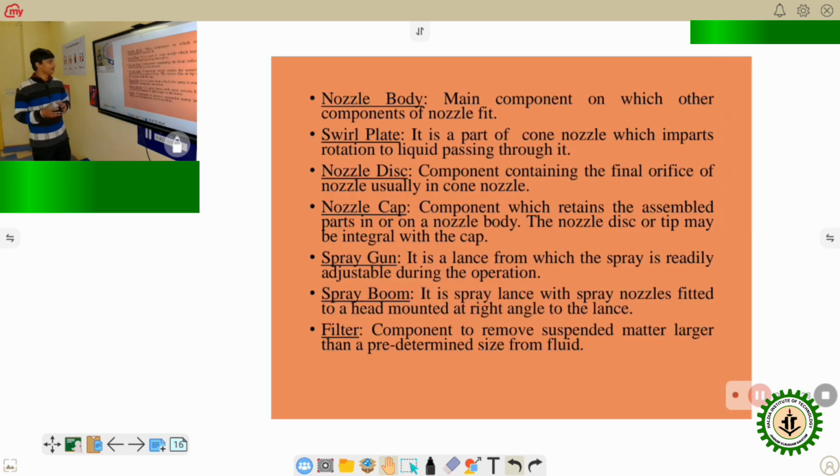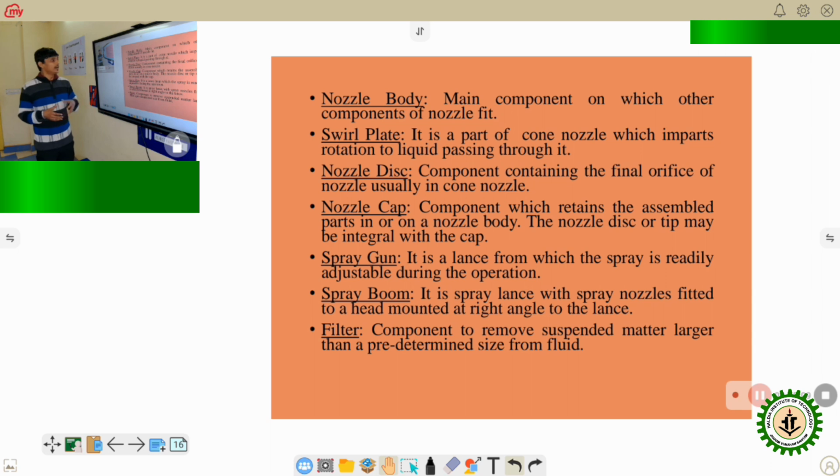So, the basic functions of the different parts of the sprayer are presented here. The nozzle body is the main component, which connects all the parts of the sprayer. The strainer plate is an important part which regulates the liquid during spraying applications.